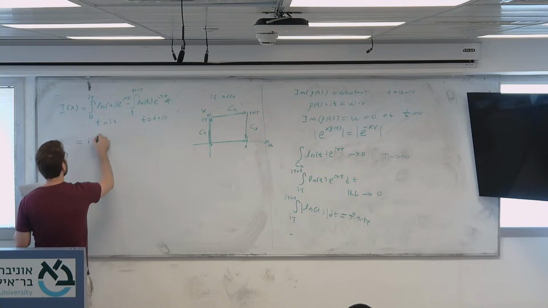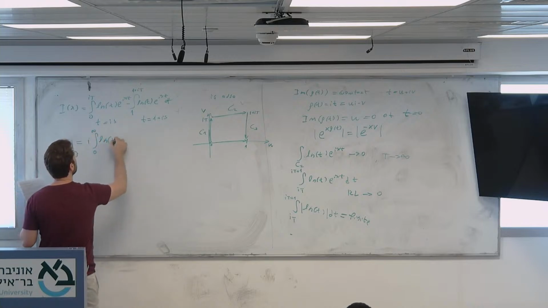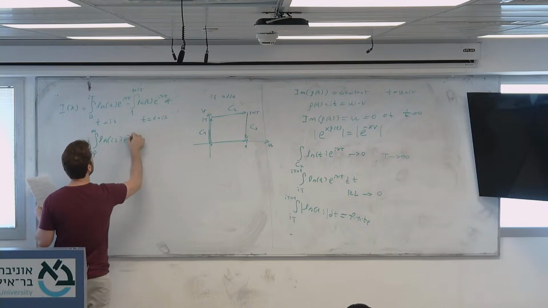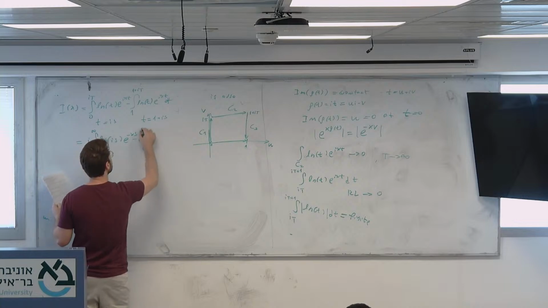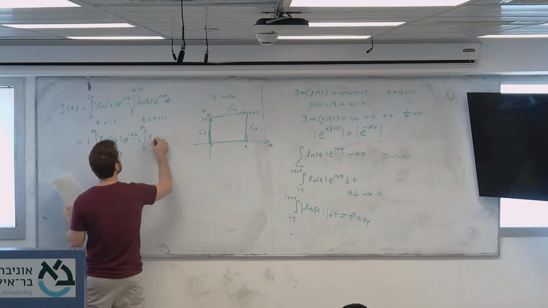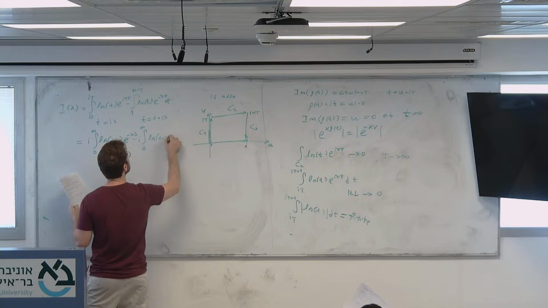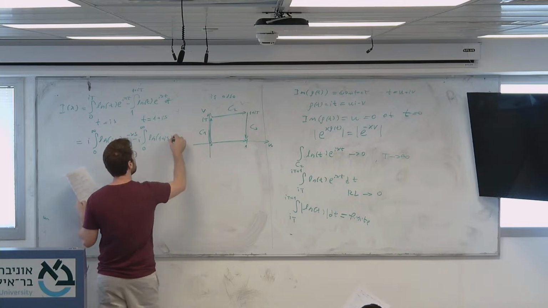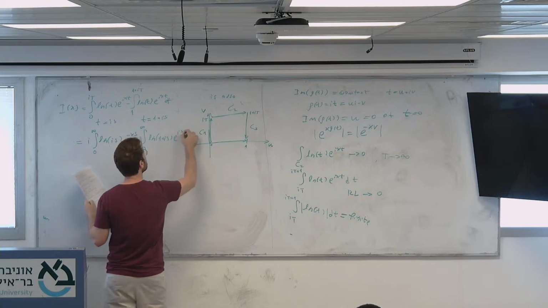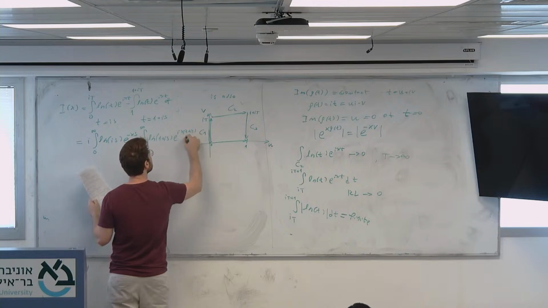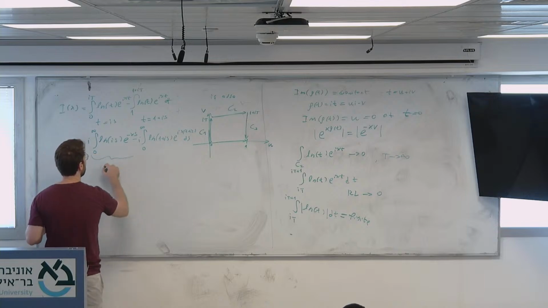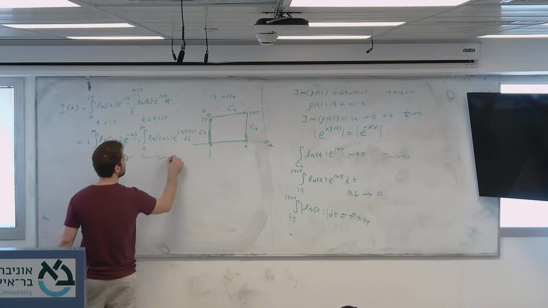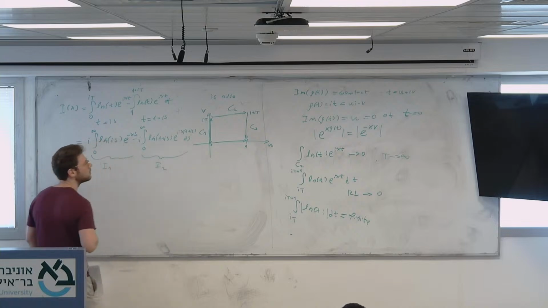Okay, so I is the integral from 0 to infinity of ln of is e to the minus xs, minus the integral from... okay, so we call this I1, and this we call I2.